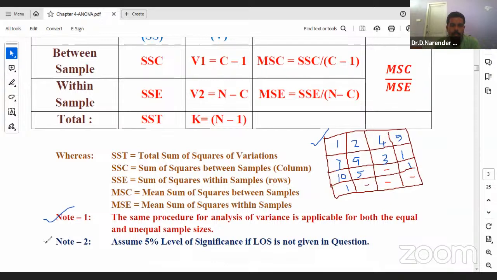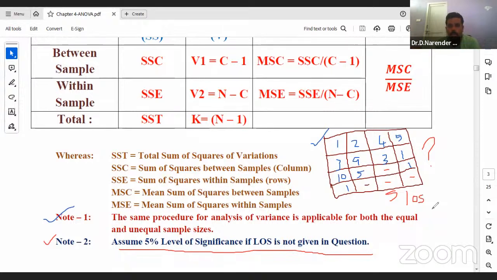The next one, note number 2. Assume 5% level of significance if LOS is not given in the question. After this question appears in the question paper, apply ANOVA. Example will be given like this: apply ANOVA at 5% LOS.